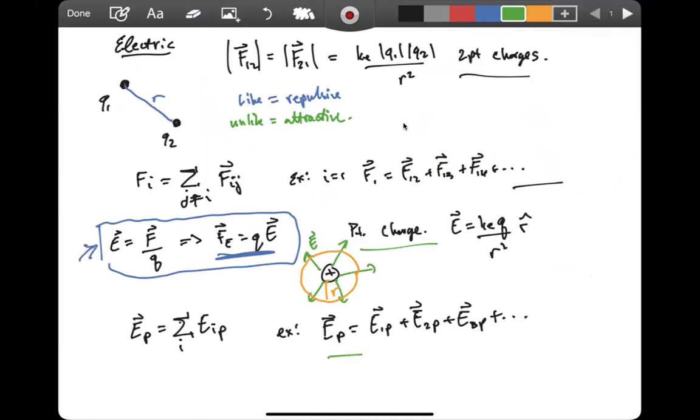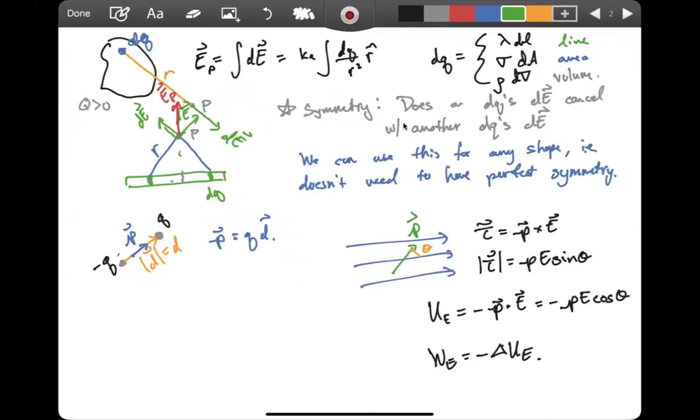Superposition, again, when we have many possible different charges all giving electric fields. The Coulomb's law for the electric field of a continuous charge distribution. And then finally, we have our dipole moment, which then we found the torque and the energy for. So ultimately, not that many topics.